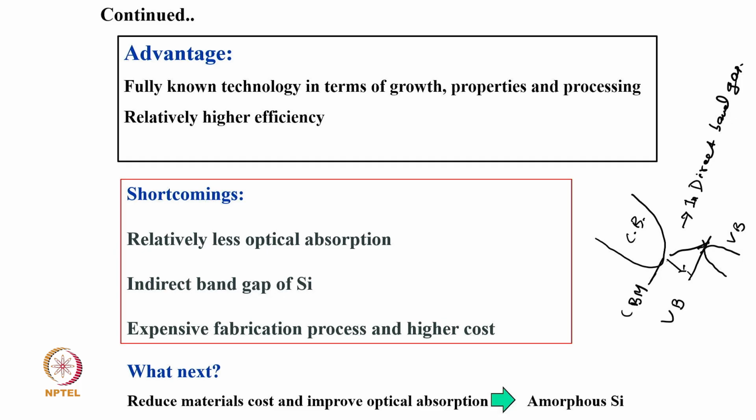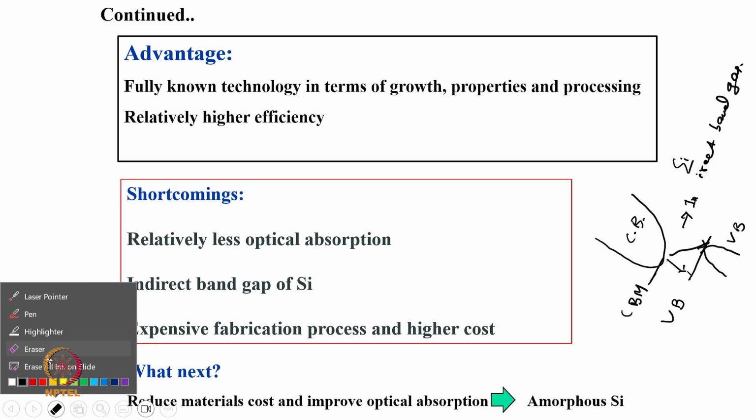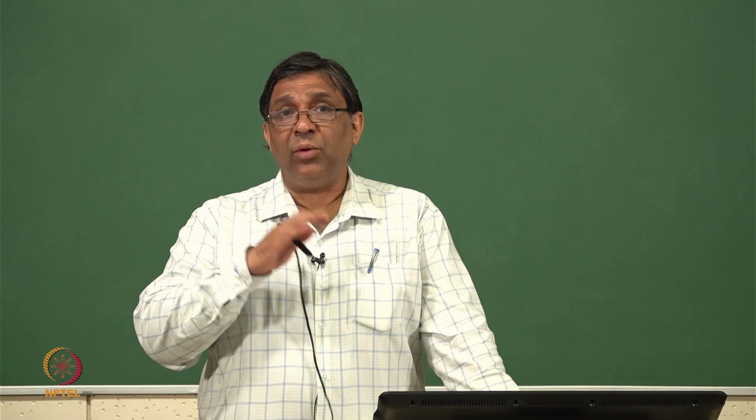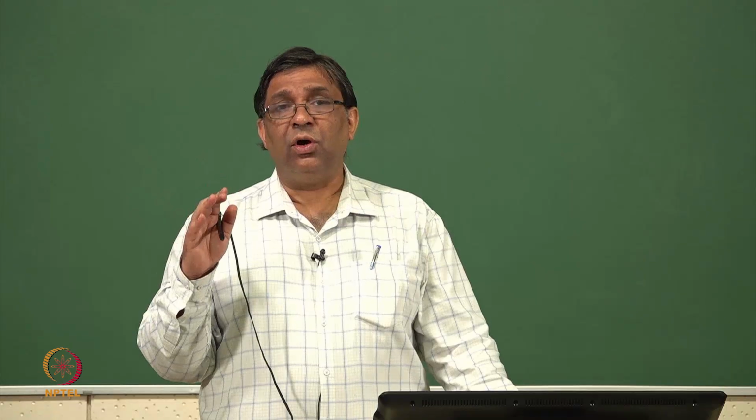Indirect band gap is the disadvantage of silicon. Silicon is a typical indirect band gap material. So the absorption is less, and therefore you have to make a thick silicon wafer.